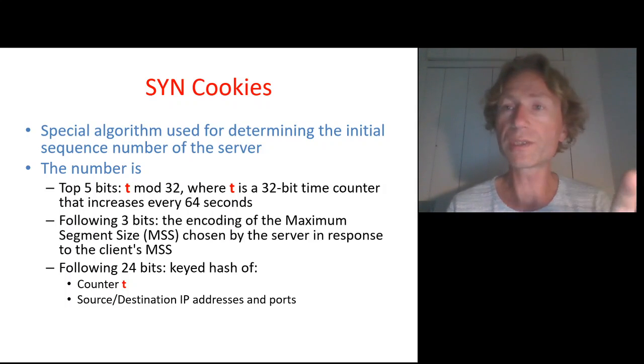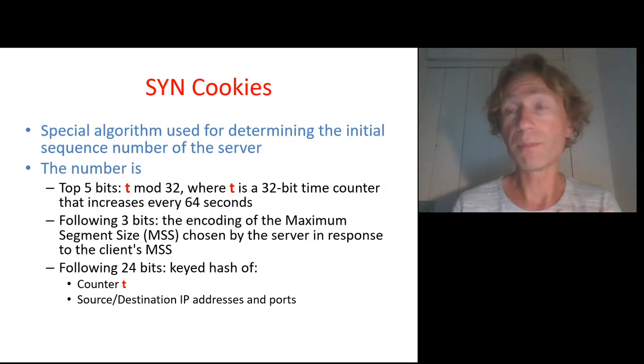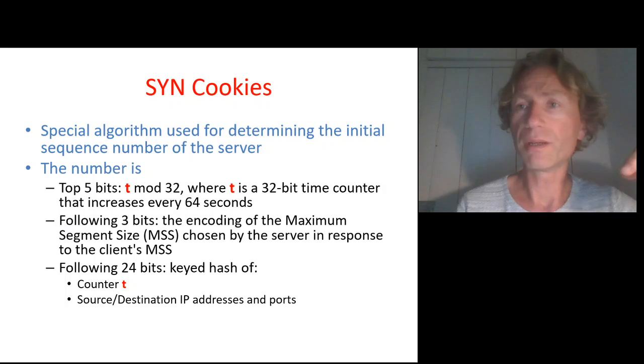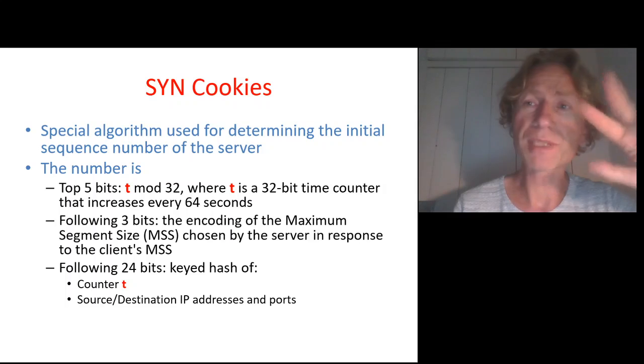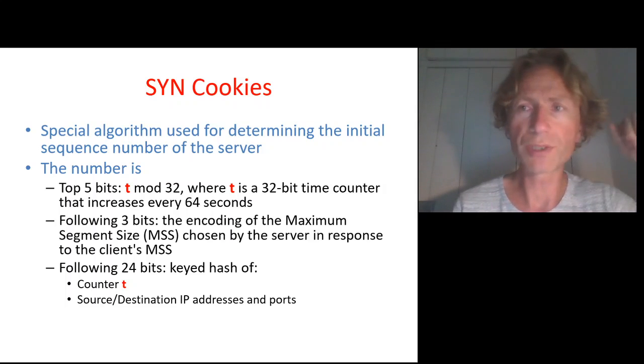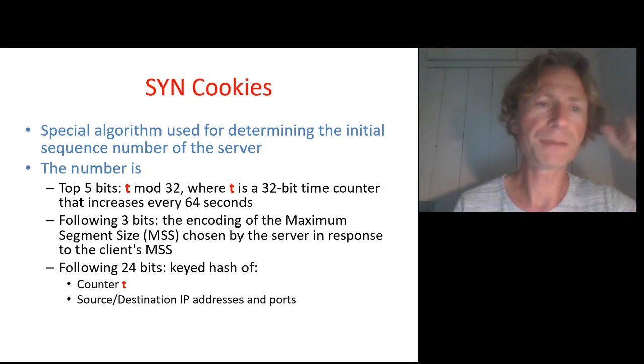The way that works is that you basically have 2 to the power 3, which is 8 different preset values for the maximum segment size. It could be a very large one, some intermediate ones, and a small one perhaps. Who knows? But there's a maximum of 8 maximum segment sizes that you can encode in those 3 bits.